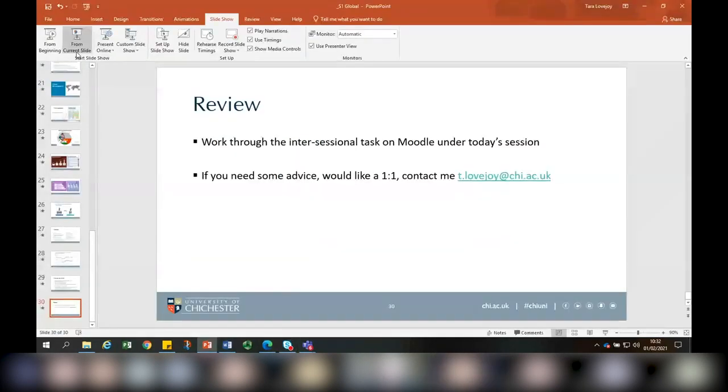Are we allowed to do the intersessional task in our groups, like the ones we're going to do our assignment in? If you want to. Okay, cool. I don't mind if you do it individually, in pairs or small groups. That's absolutely fine. What I'm looking for is for you to encourage your curiosity about the world.